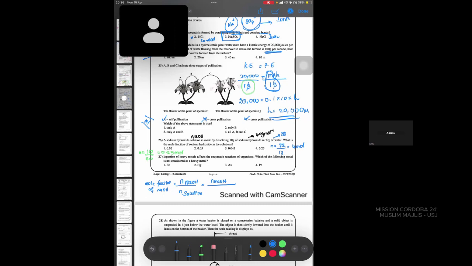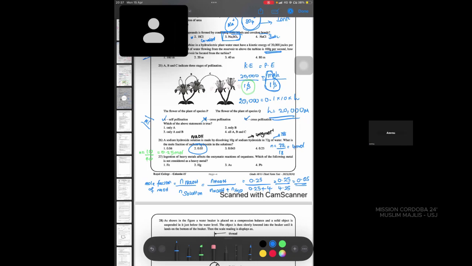Sodium hydroxide. What is the solvent? Water. So your solution will have sodium hydroxide plus water. Number of moles of sodium hydroxide 0.25 divided by 0.25 plus number of moles of water, which is 4. So 0.25 divided by 4.25, your answer will be 0.05. Here a bit of maths is there. Did you all understand this?